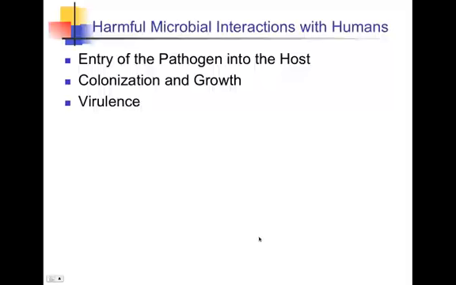So just to start off, these slides will be posted along with a recorded animation here, so you can look at them separately or view them via the MP4 file. So we'll talk about route of entry into the host, colonization and growth, and then again these mechanisms of virulence.